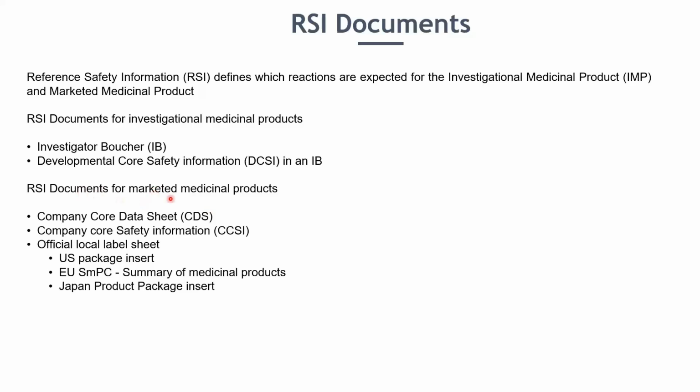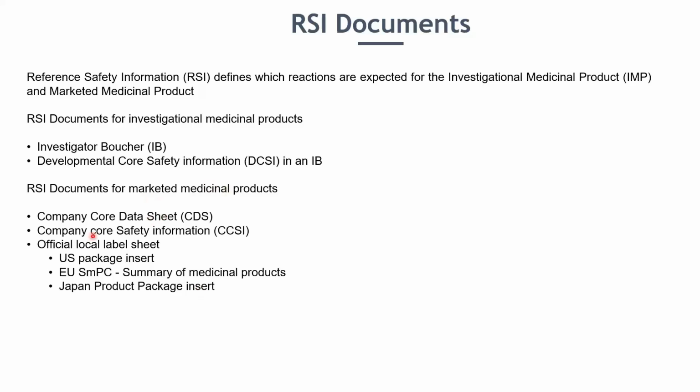And the RSI documents for marketed medicinal products are the Company Core Data Sheet, that is CDS, and the Company Core Safety Information, that is CCSI. We also have official local label sheets, like the US Package Insert for US cases, the SmPC for the European Union, that is Summary of Product Characteristics, for products authorized in the European region, and the Japan Package Insert for Japan cases.